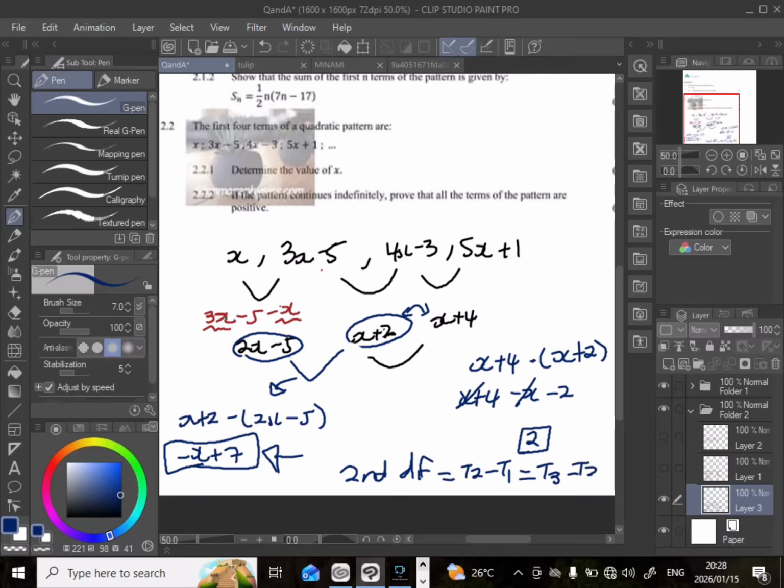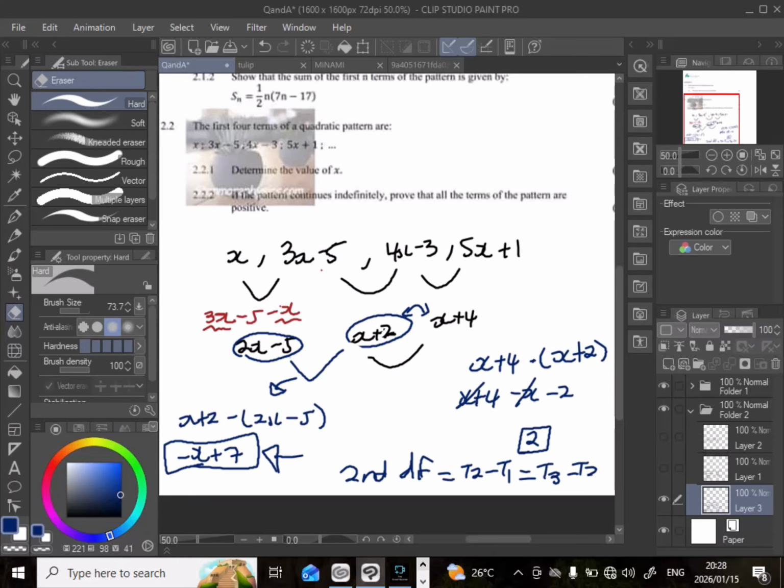First difference numbers don't have a common difference because they just escalate. This is a good example of that. From this one to this one, they change by negative x plus 7, but from this one to this one, they change by 2. Just put that in mind.